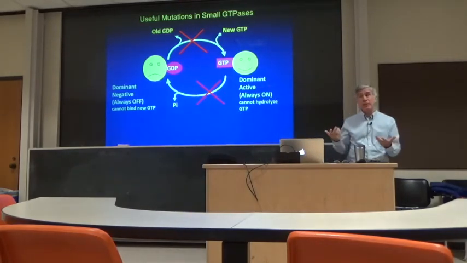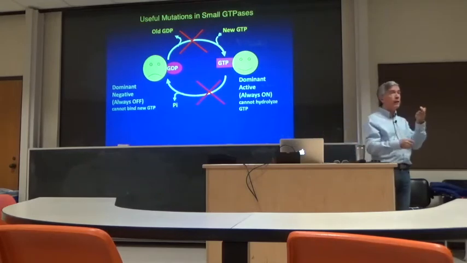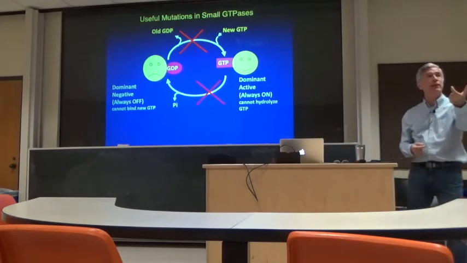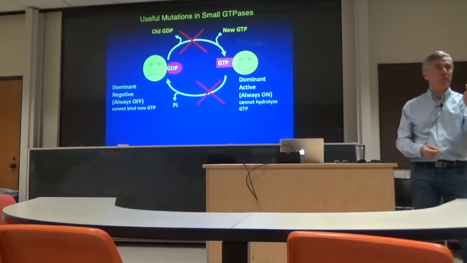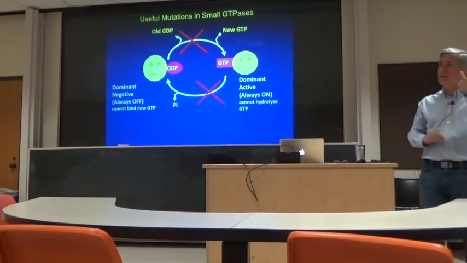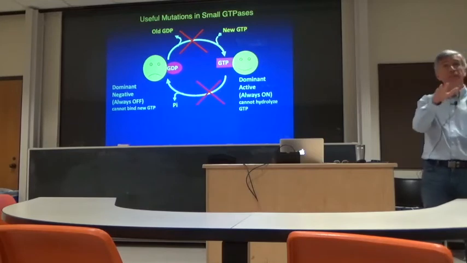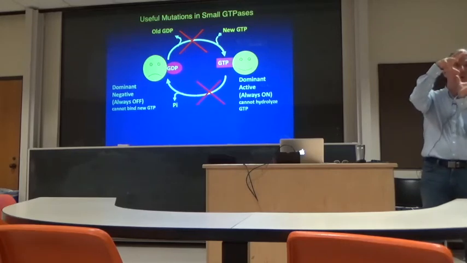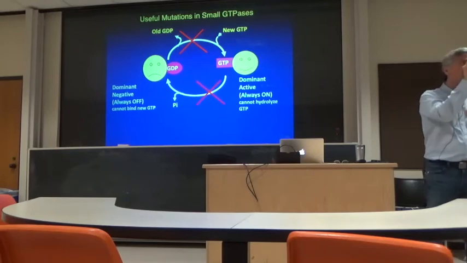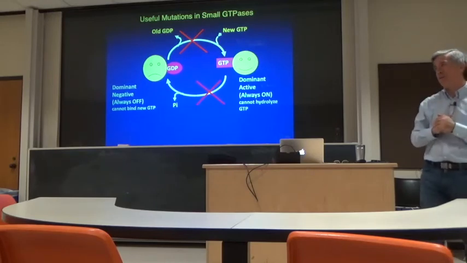But a lot of these mutations you can do yourself by taking the gene, the cDNA for this protein, making the point mutation in the right location. Because these proteins are highly conserved, very similar in sequence to each other, we know pretty much which site in the binding pocket of the GTP you need to change, and in which way to make it one way or the other.